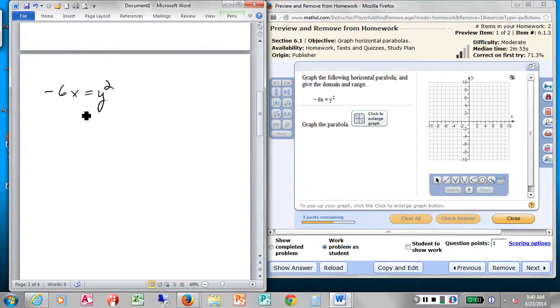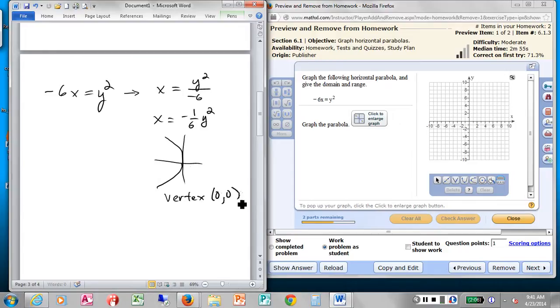And what I want to show you there, a good point on that one, we do know, first of all, if I divide by negative 6, I get x equals y squared over negative 6, which is negative 1/6 y squared. And so that one, we've got x equals a y squared, but it's negative, and so real roughly, that's going to be a parabola that opens to the left. And our vertex is at 0, 0, which will be our first point we graph over there.